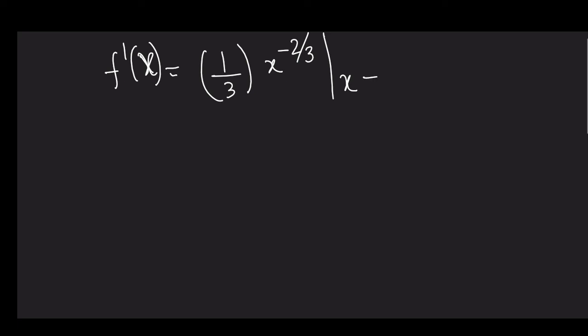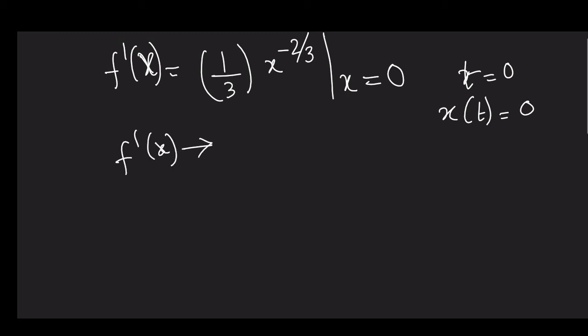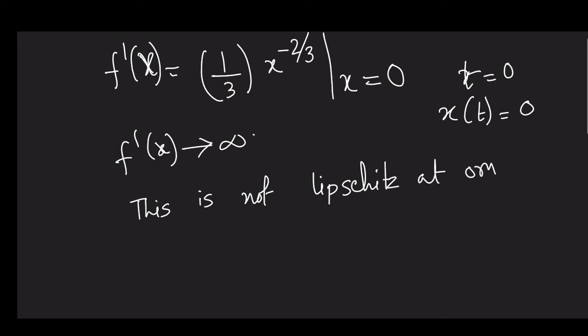Now as we have said, at t is equal to 0, x is equal to 0, you can see that at x is equal to 0, this f dash x tends to infinity. So this is not Lipschitz at the origin. Therefore, you cannot get a unique solution for this one, right?